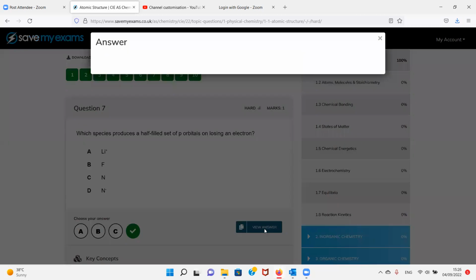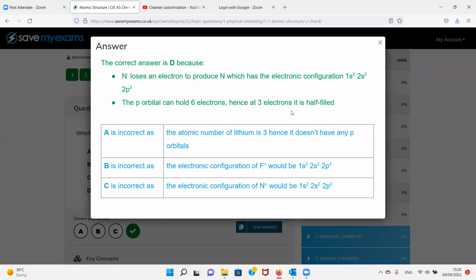So in case of -1, when it loses electrons, it will become like the electronic configuration of nitrogen, which is 1s2, 2s2, and 2p3. So this is what's meant by p3 here. p3, that means it has 1, 2, 3 unpaired electrons, meaning single electrons.